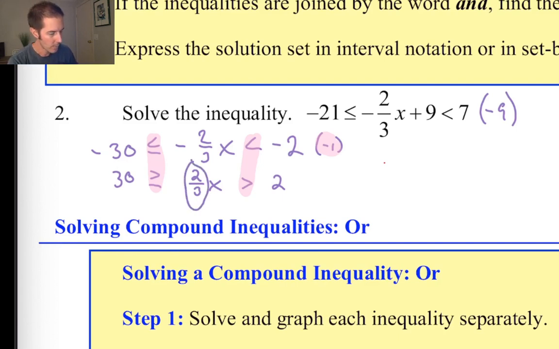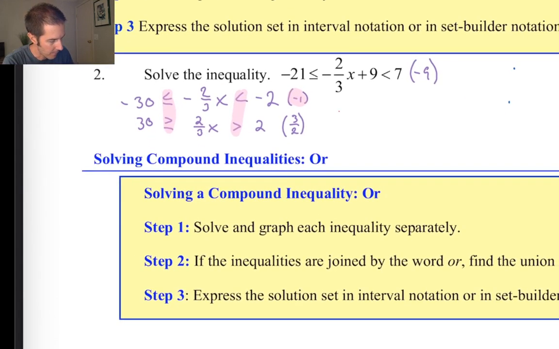The next thing, and the last thing I'm going to do, is I need to get rid of this 2/3, and I'm going to make that happen by multiplying by the reciprocal. So I'm going to multiply everything by 3/2, and 30 times 3/2 is 30 times 3 divided by 2, which is 45. I'm getting a little tight on space here. Let's see if I can make it fit.